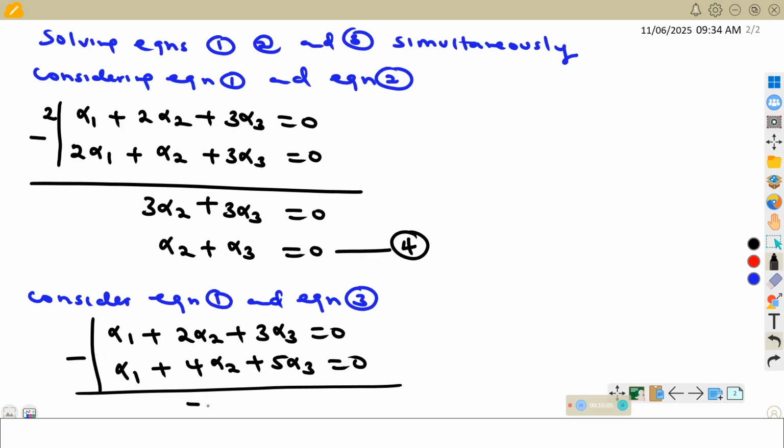This will be minus 2 alpha 2, 3 alpha 3 minus 5 alpha 3 will also give us minus 2 alpha 3, and this will be equal to 0.